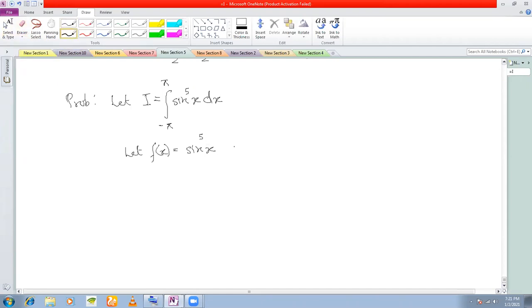Let's check whether this is an even or odd function. F minus x is equal to sine to the power of 5 minus x. If you see, the power of 5 is above sine, so I can write this as sine of minus x raised to the power of 5.